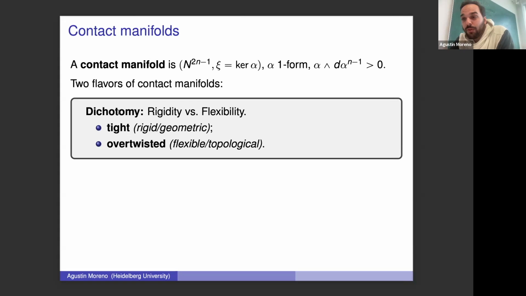So in other words, a tight one. Or are you looking for a flexible or more topological one, an overtwisted one? Okay. So the classification of overtwisted contact structures is a matter of topology, whereas tight contact structures are more a matter of geometry. So usually if you hit a contact structure with pseudo-holomorphic curves, then you might get something interesting only if you were dealing with a tight contact manifold. In the overtwisted case, you always get some sort of vanishing invariants.